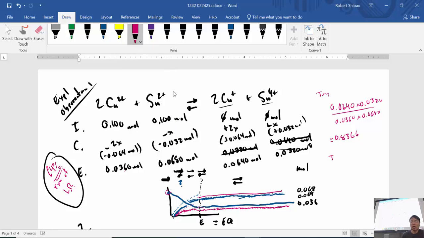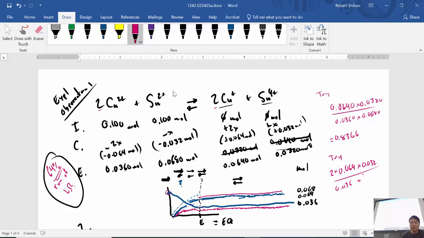So what we can do is we can try, because of the coefficients here, this is a 2, we have twice as much copper. So what if we do this? We do 2 times 0.064, I'm going to drop the 0 just to save space, times 0.032, and we're just looking for a raw pattern, 0.036.